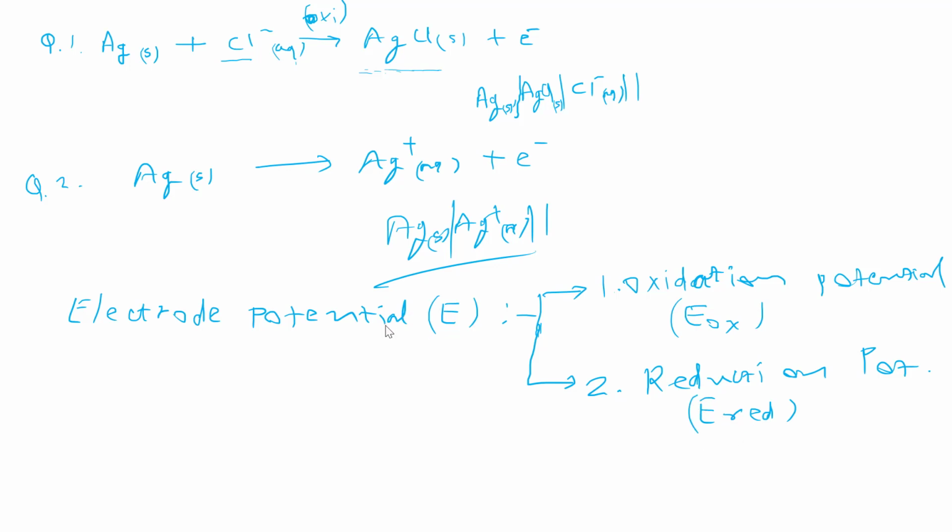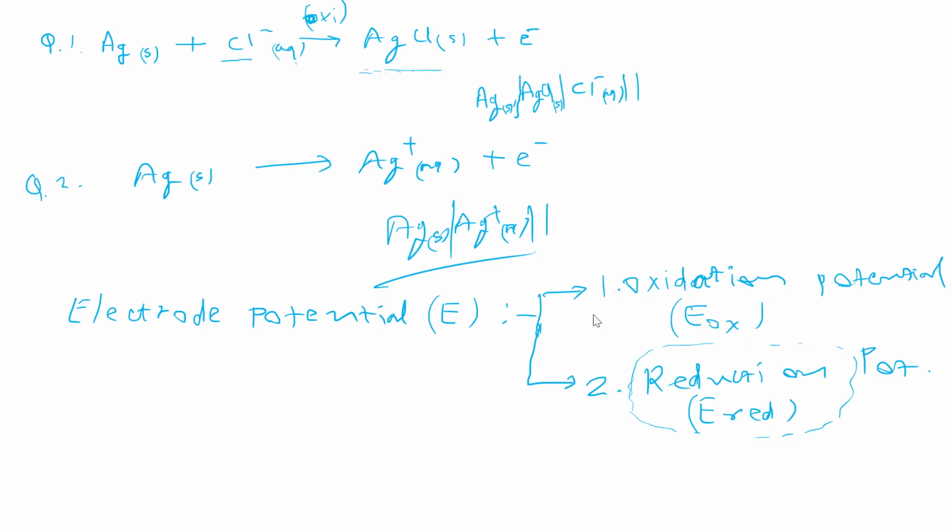Now if you are given only the term electrode potential, then IUPAC has fixed that whenever it is not mentioned whether it is oxidation or reduction, you always take the reduction potential. Do remember. If you are given a reaction that is oxidation, then you take the oxidation potential.